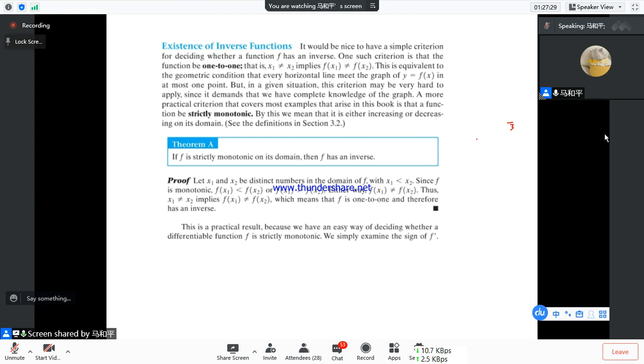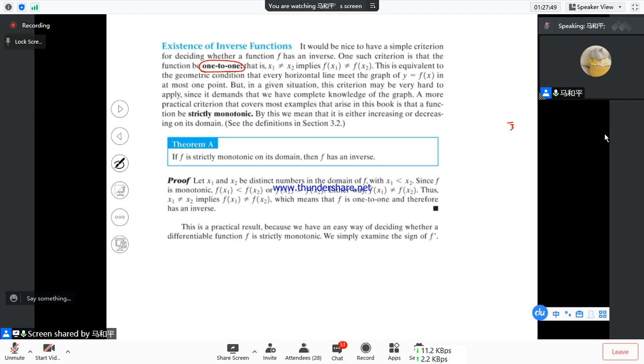It would be nice to have a simple criterion for deciding whether a function f has an inverse. One such criterion is that the function be 1 to 1.